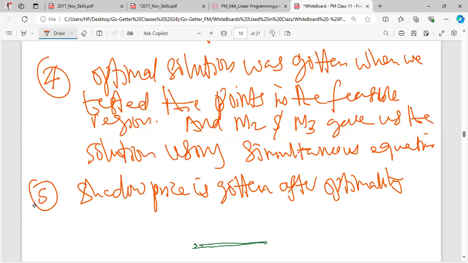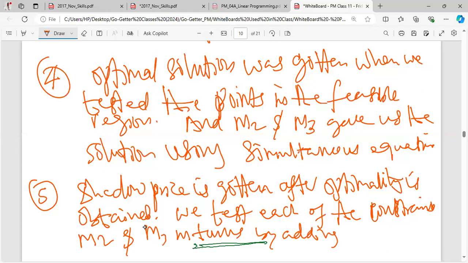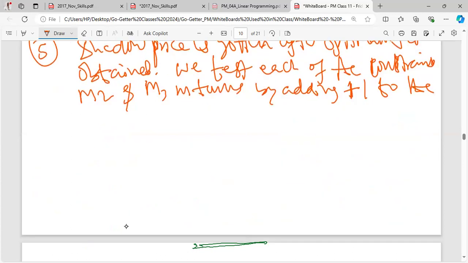We test each of the lines or constraints M2 and M3 in turns by adding 1, let's say plus 1, to the total value.